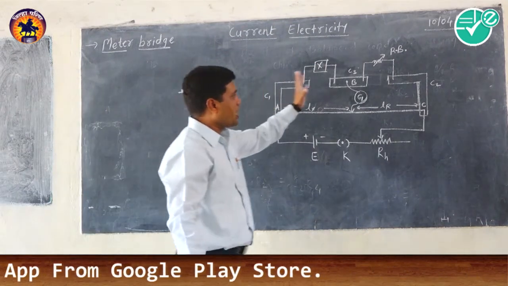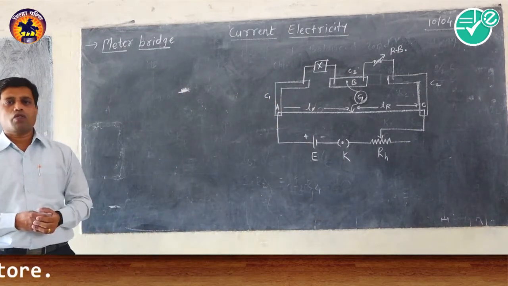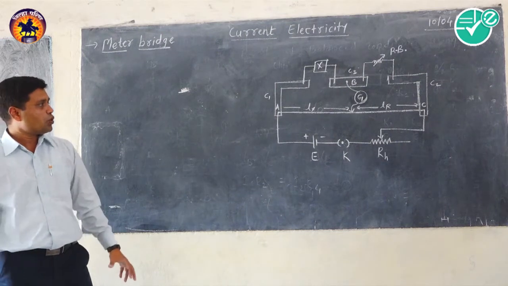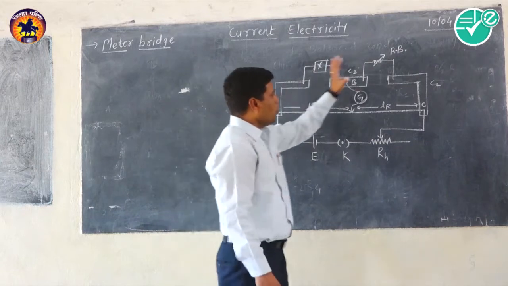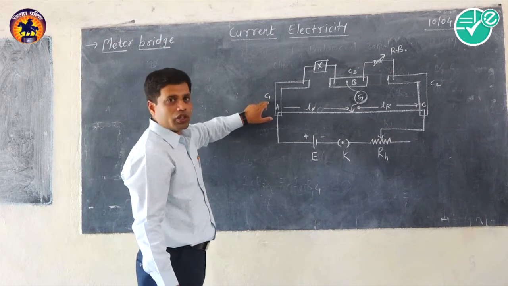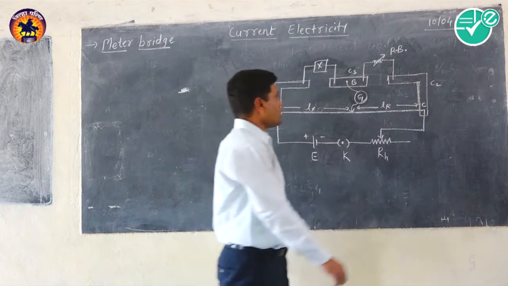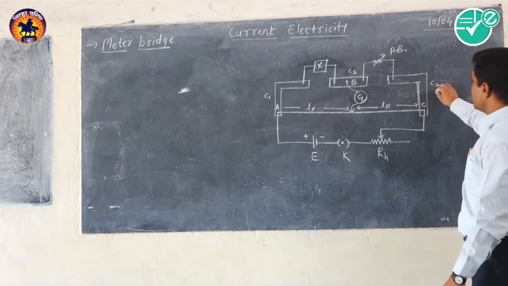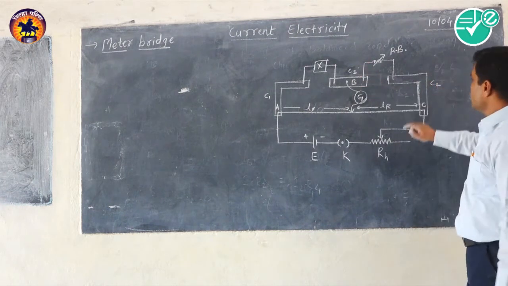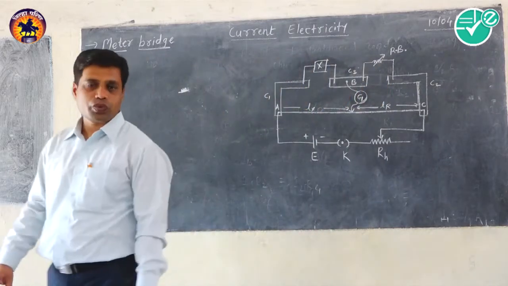If you observe this diagram, you will get a very clear idea of the difference between them. Here in the diagram you find three thick copper strips. First strip is C1, second L-type copper strip is C2, and third thick copper strip is C3. These copper strips are mounted on the board.